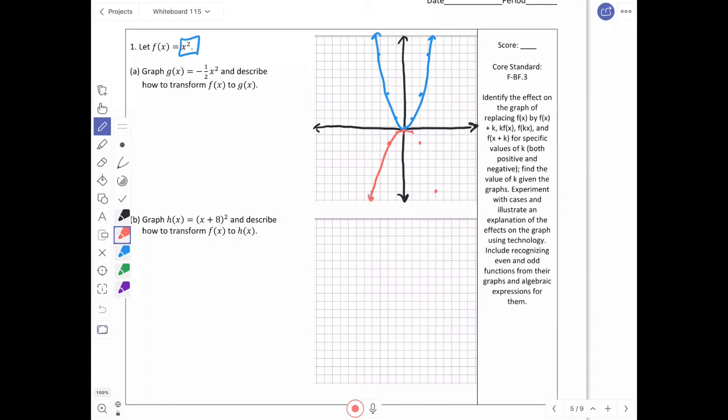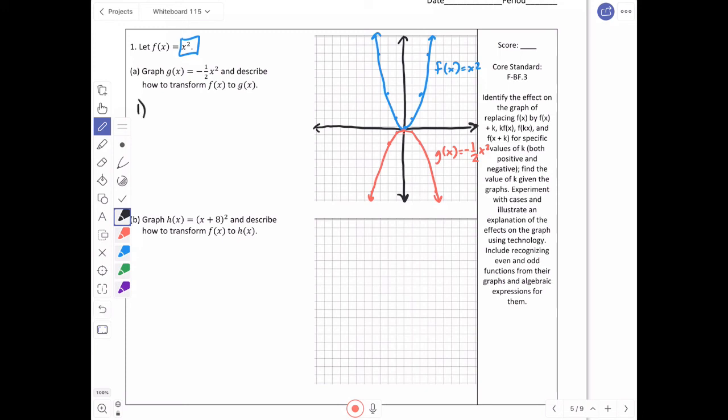Okay, so that was f of x equals x squared, and g of x equals negative 1/2 x squared.